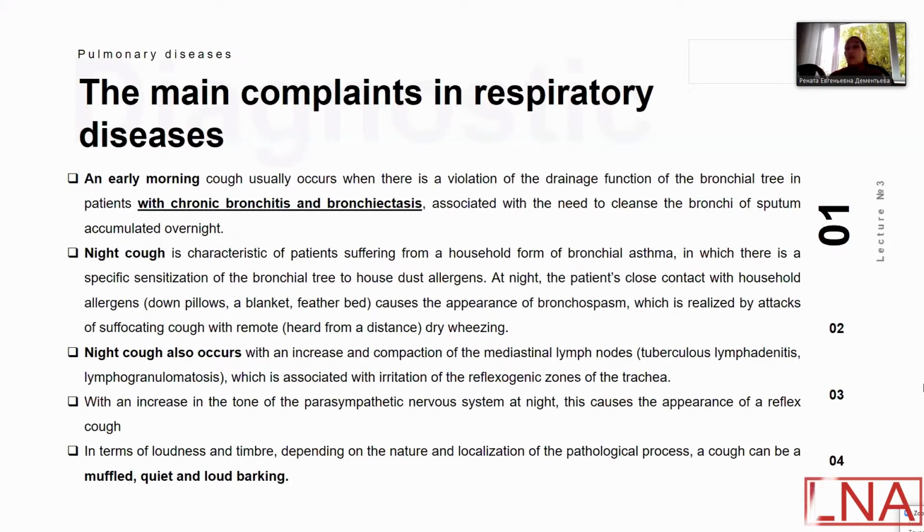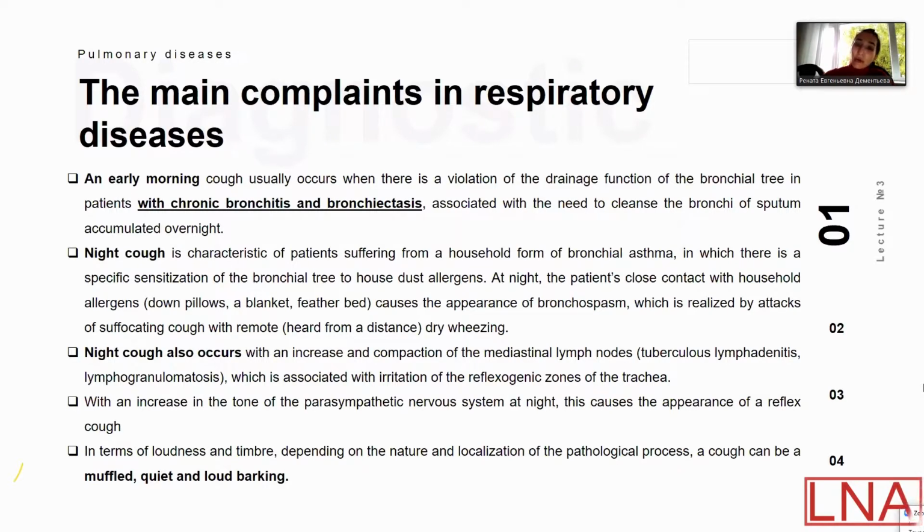It is clear that during the night the movements of the bronchial wall and the mucociliary clearance, by the activity of the vagus nerve, decrease. After awakening, the cough usually occurs as the drainage function works to clear out and clean the bronchi and the trachea.